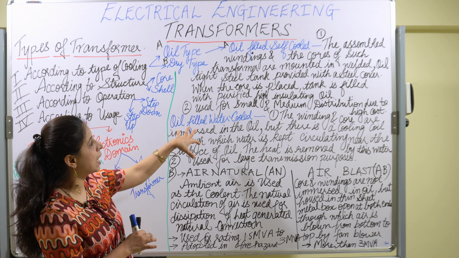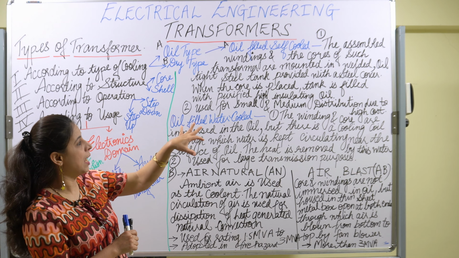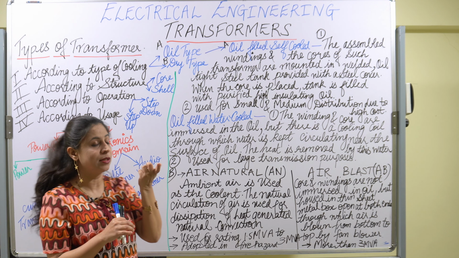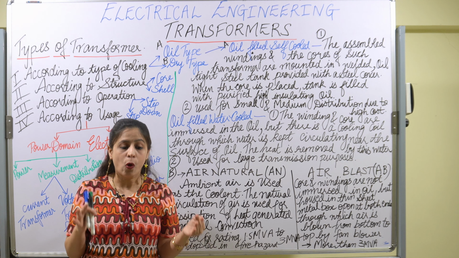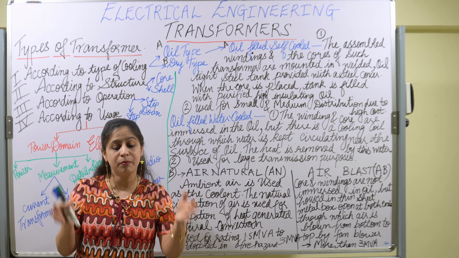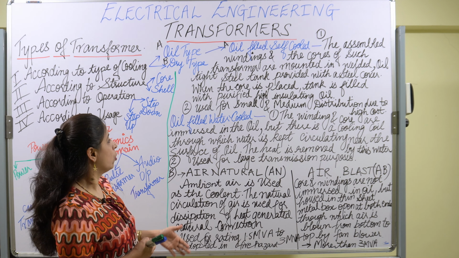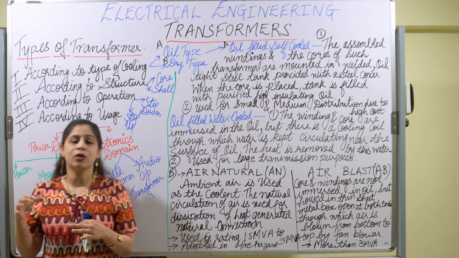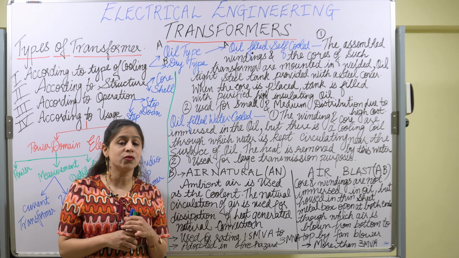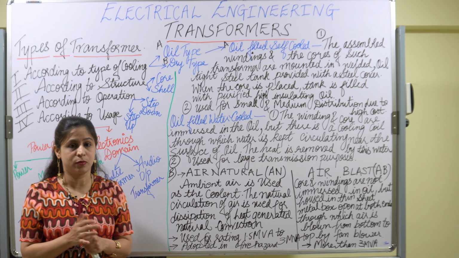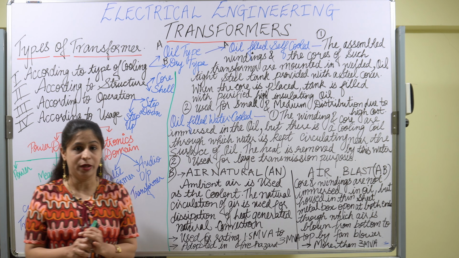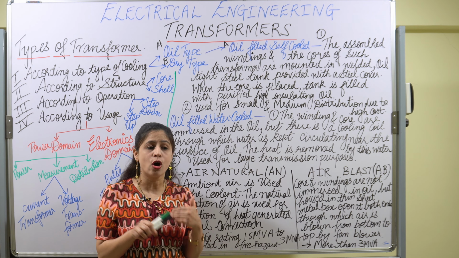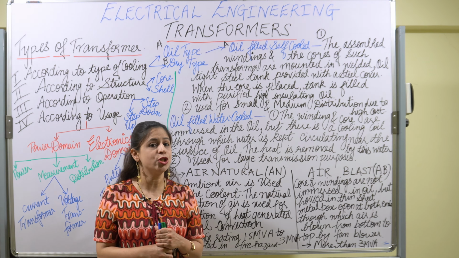So in this type of oil filled self cooled transformer, insulating oil is the main part, because the whole transformer is placed in that oil. It is used for small and medium distribution transformers only. For large transformers it cannot be used because economically it is not sound; the cost is very high, so we cannot use it.